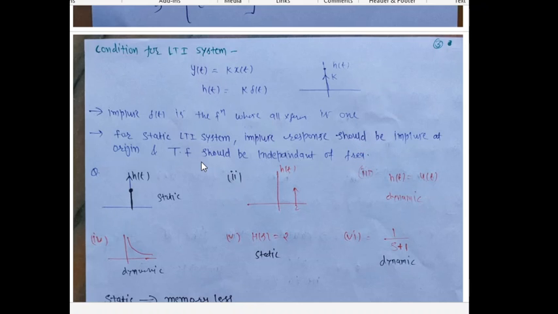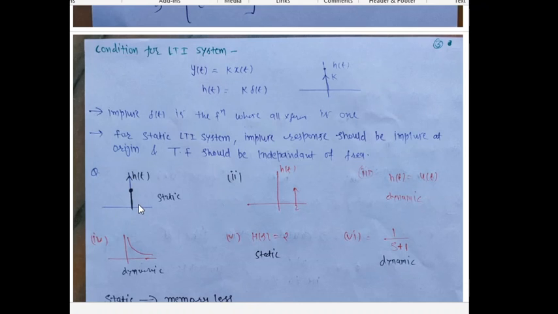Our system is static if the impulse response is at the origin. So we have to tell which system is static or which system is dynamic. We already discussed static and dynamic systems.